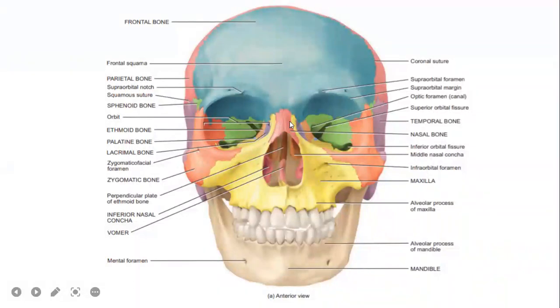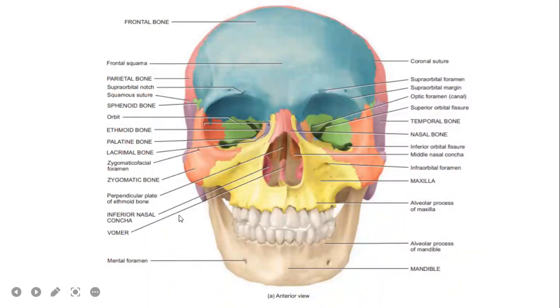The maxillae lie at this region, and for the upper dentition you can see the teeth of the upper jaw and a few structures within the maxilla, including the alveolar process, where the roots of the teeth originate.